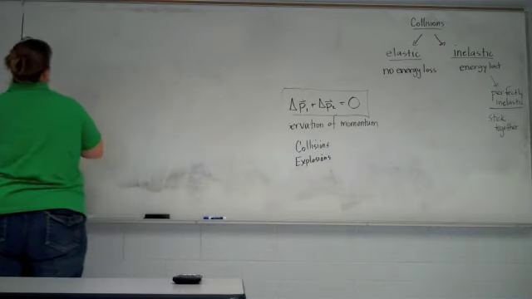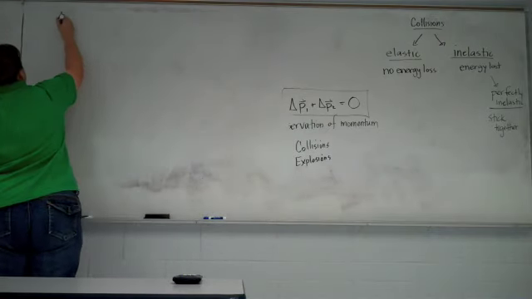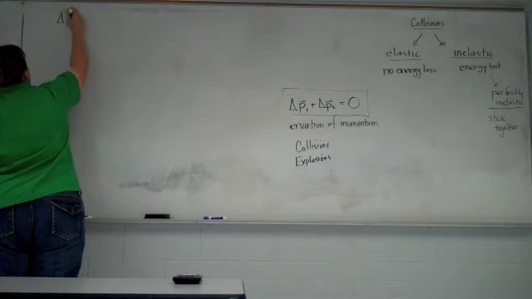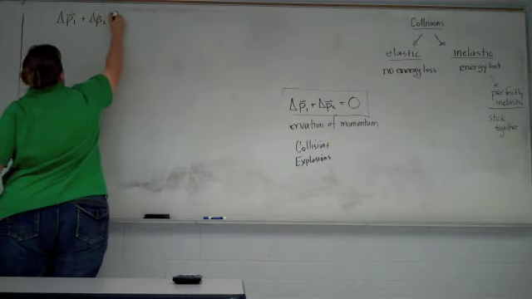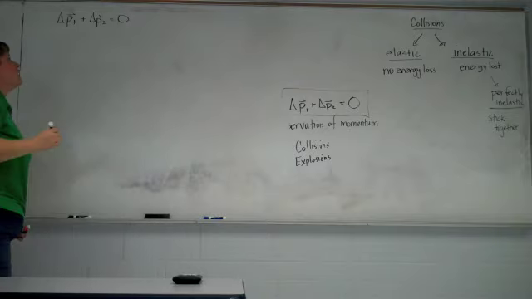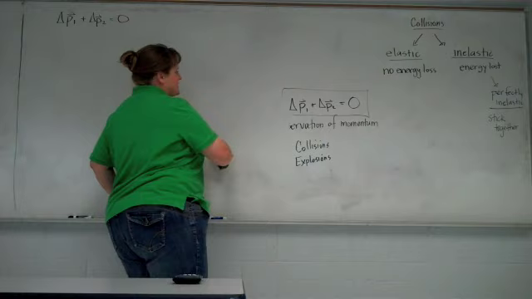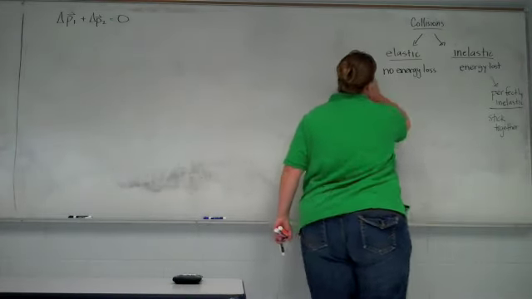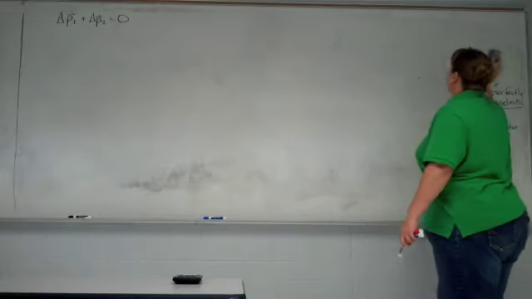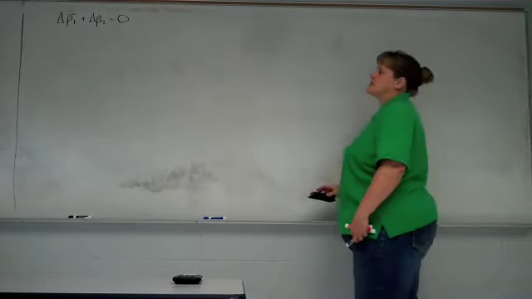Okay, so I'm going to take our conservation of momentum equation: delta P1, the change in momentum of object 1, plus delta P2, the change in momentum of object 2, has to equal 0.